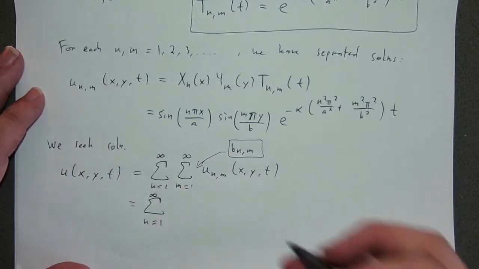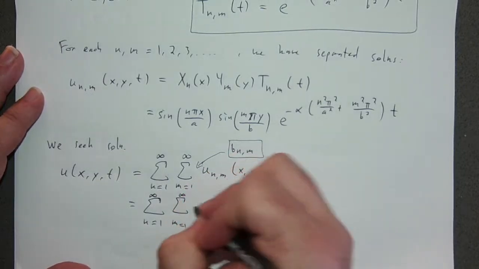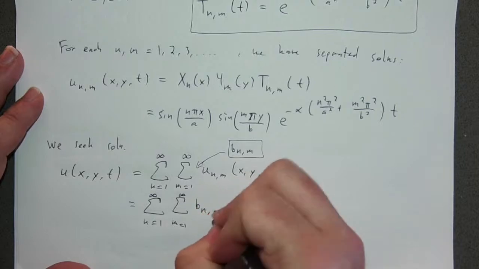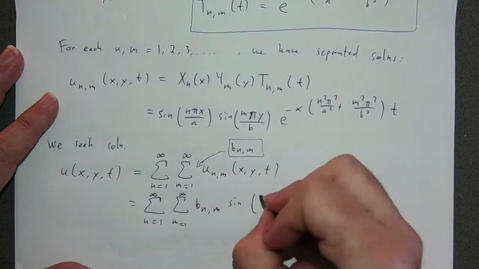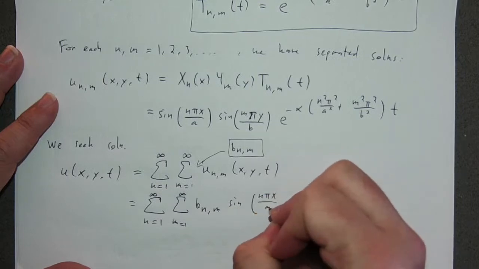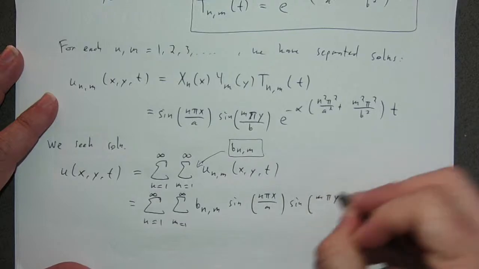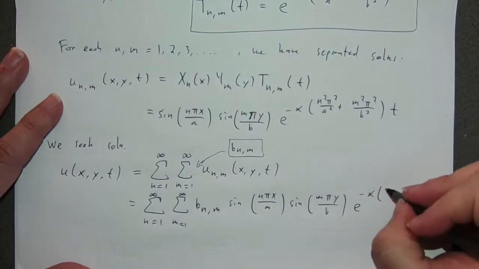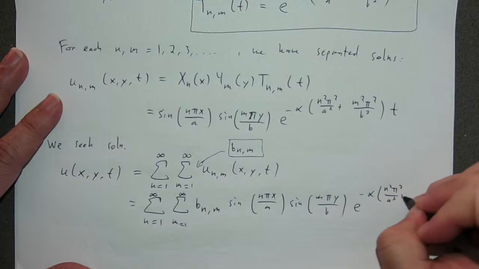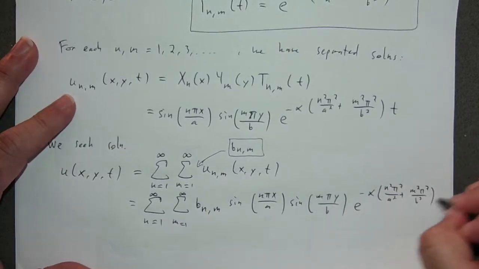So this is a sum from 1 to infinity, sum from 1 to infinity of b sub nm sine of n pi x over a sine of m pi y over b e to the minus alpha n squared pi squared over a squared plus m squared pi squared over b squared t.